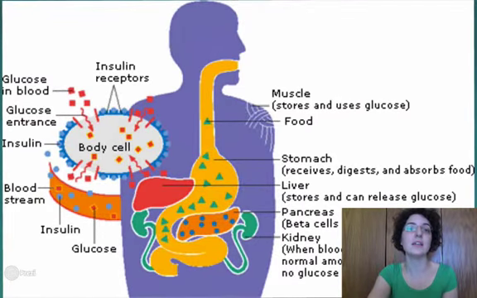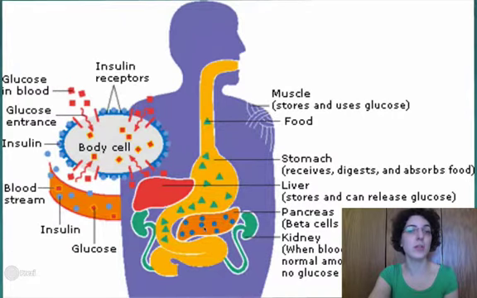So in this diagram, this yellow line here is showing your esophagus, and the green triangles are food going down into the stomach. And then this little orange part here is representing the pancreas, and the blue dots are the insulin.